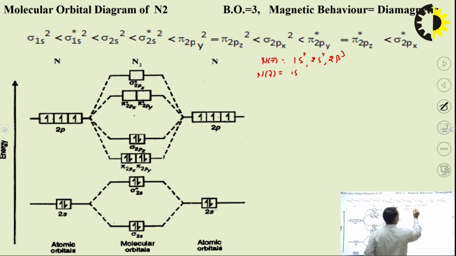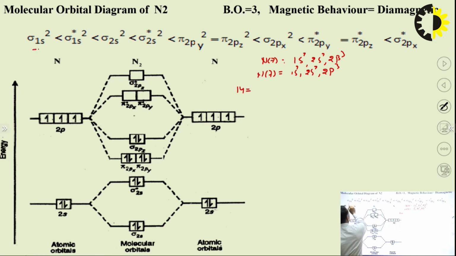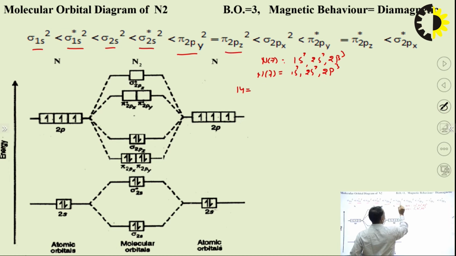So here also 1s2, 2s2, 2p3. The total is 14 electrons, and the configuration will be sigma 1s2, sigma star 1s2, sigma 2s2, sigma star 2s2, pi 2p x2, pi 2p y2, pi 2p z2, sigma 2p x2.